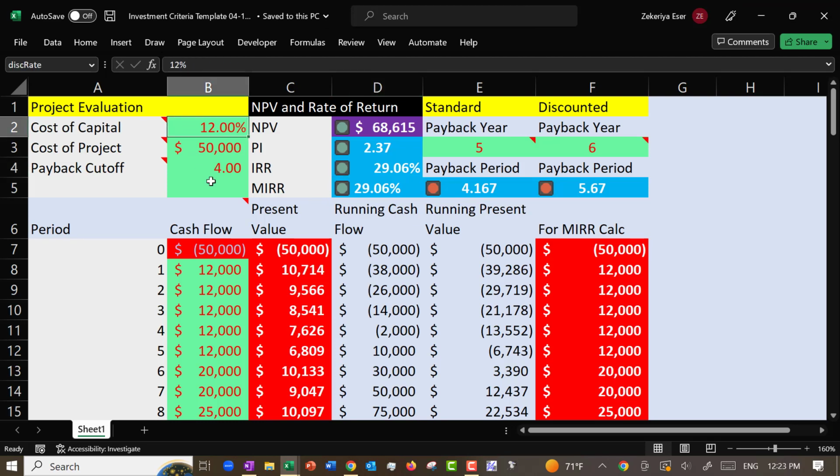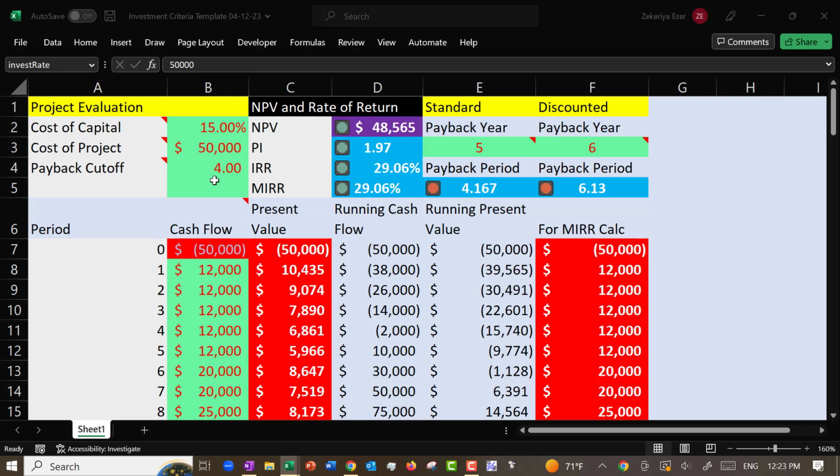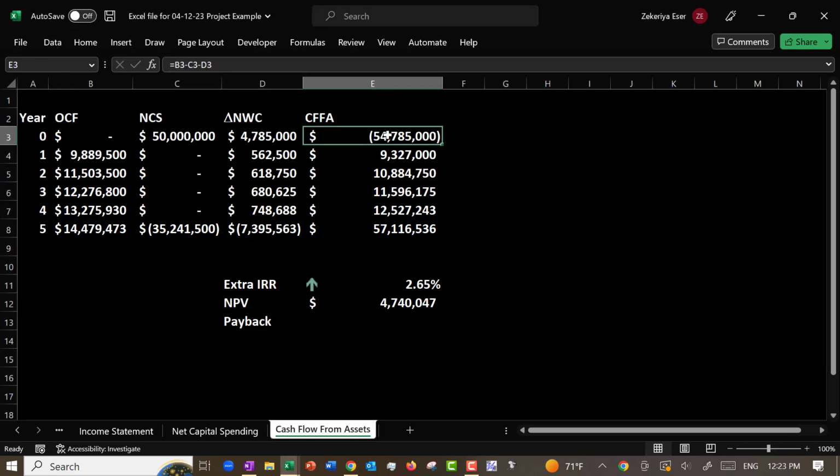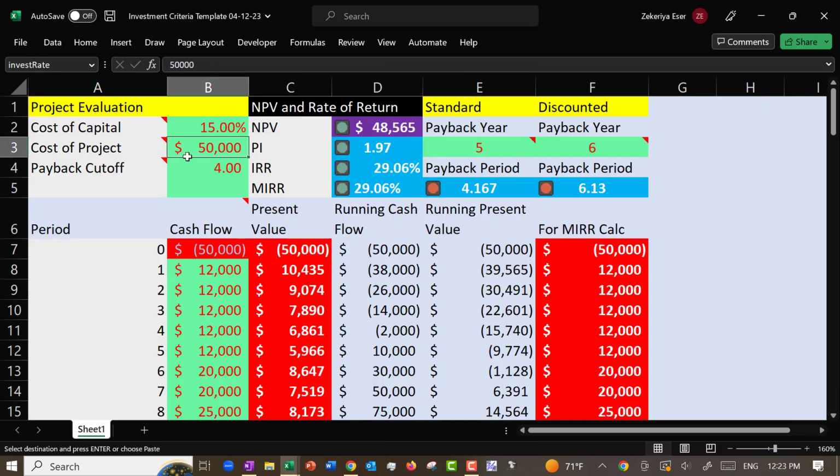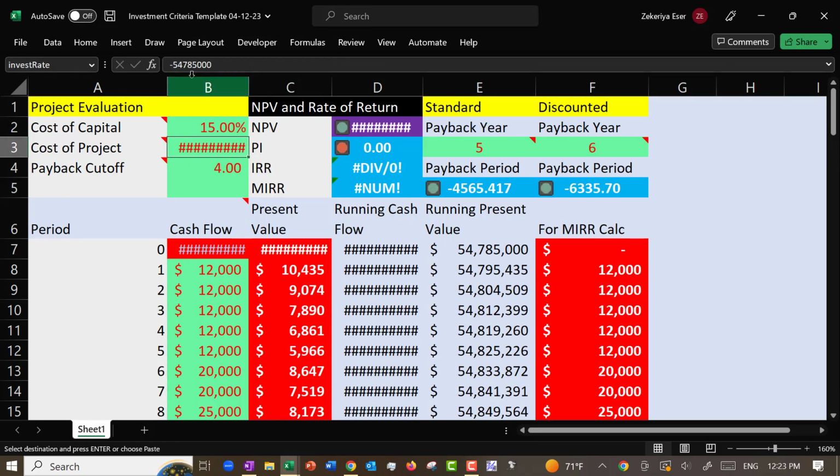This is a template. I enter 15%. Cost of project is, take that number, copy, paste values. I'm going to take the negative out of that.